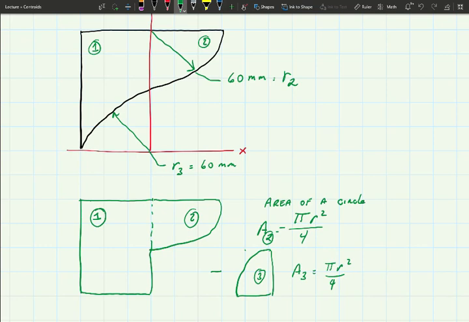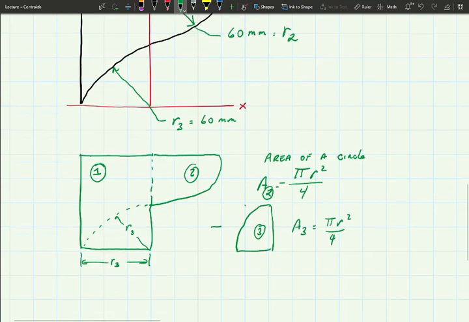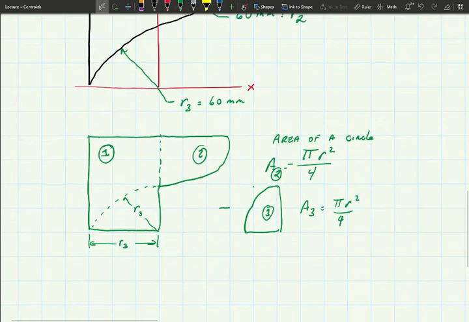Okay, and just to make sure everybody's on track, the radius of 3 is the distance here. So remember some geometry. Okay, so let me give you the answers.